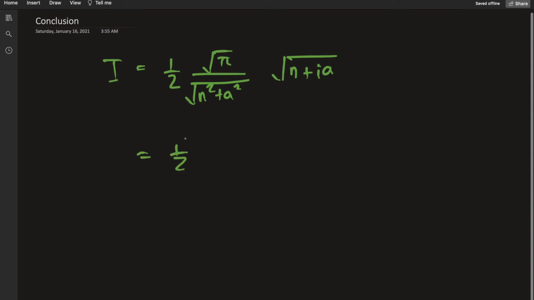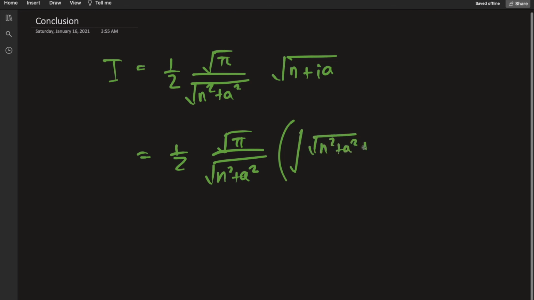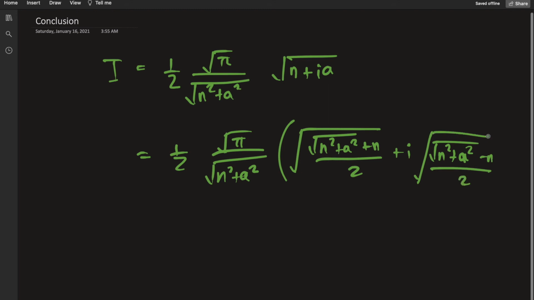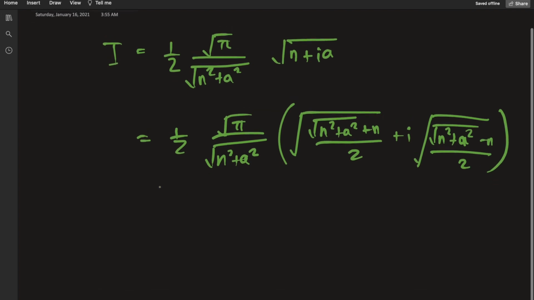So we have half square root of pi over square root of n squared plus a squared, and then this other term is going to be square root of n squared plus a squared plus n over 2 plus i times square root of n squared plus a squared minus n over 2, and we could do some simplification.